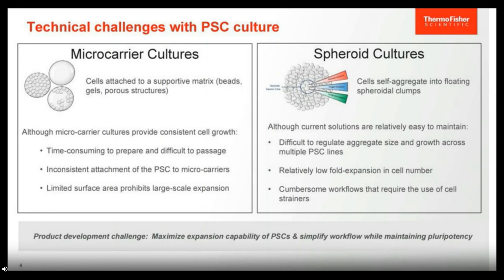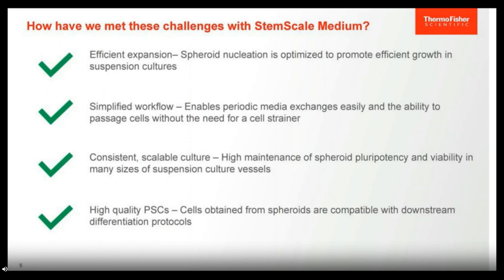So to accomplish this, we came up with the StemScale suspension medium, and we focused on these main components when designing StemScale. We wanted to make expansion efficient, thereby optimizing spheroid nucleation in order to promote efficient growth. We also wanted to simplify the workflow.